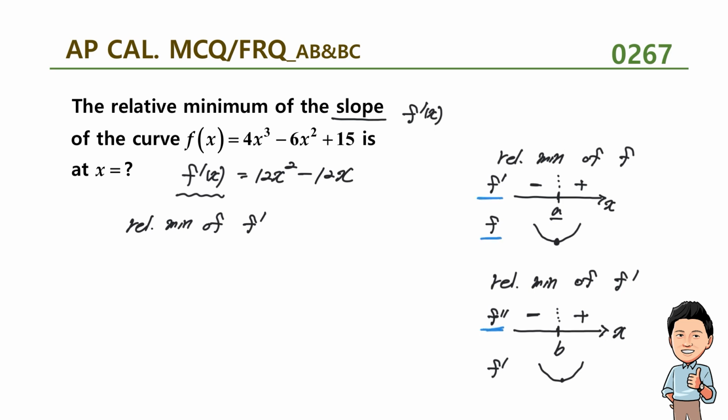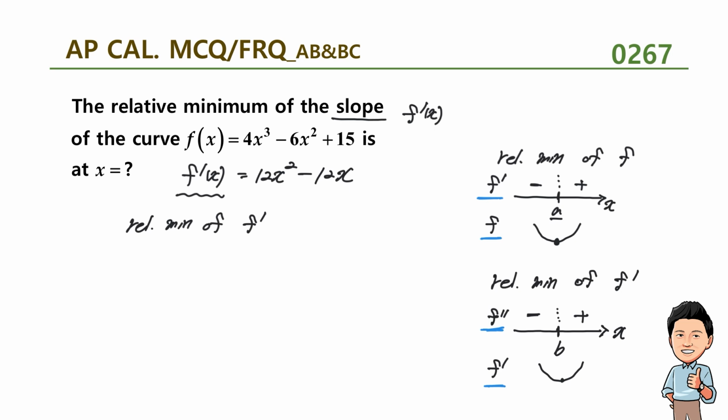F double prime is the first derivative of f prime, right? So if f prime is negative positive, f decreases then increases. If f double prime is negative positive, f prime then decreases and increases. Does that make sense? Okay, so let's find the value of x where f double prime is equal to 0.